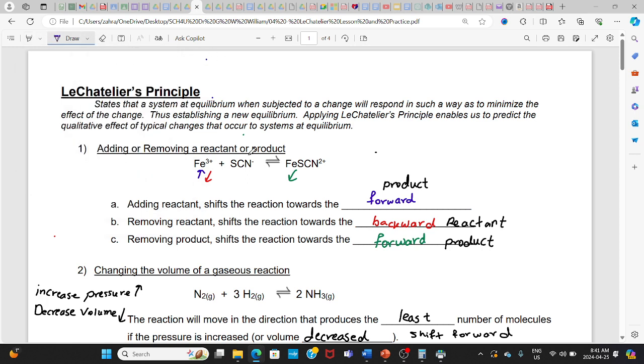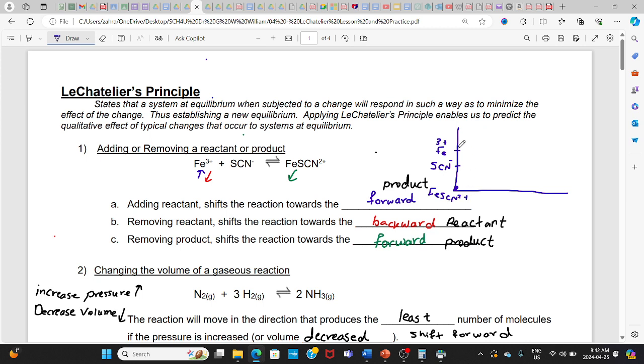Graphing, when you change something. Let's say I suddenly increase Fe, right? At the beginning, I have some Fe and I have some SCN, and maybe I don't have any product, which is FeSCN.